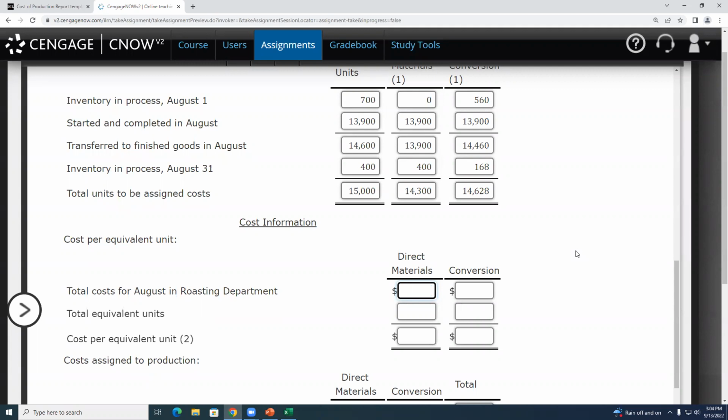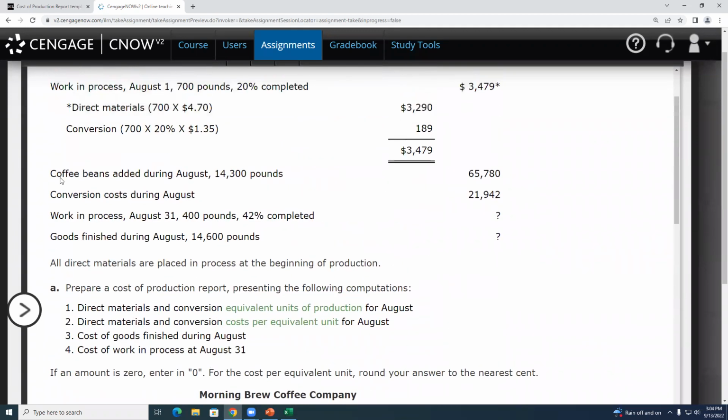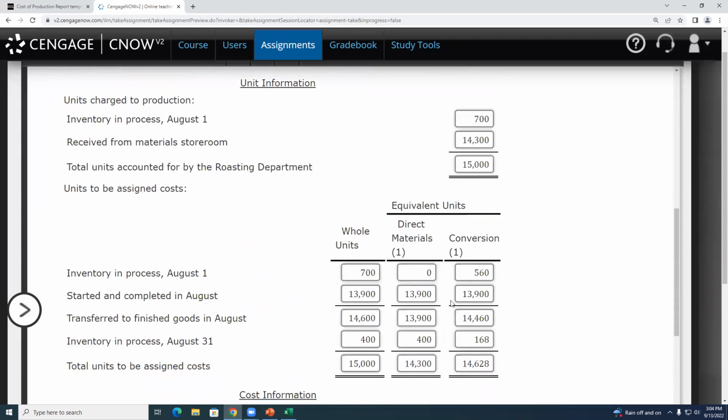These are costs that were added in August, and we can see somewhere here. Let me show you in the table. So here's the coffee beans added during August. Here's the dollar amount, $65,780. As long as I'm here, I'll point out the conversion cost, $21,942.